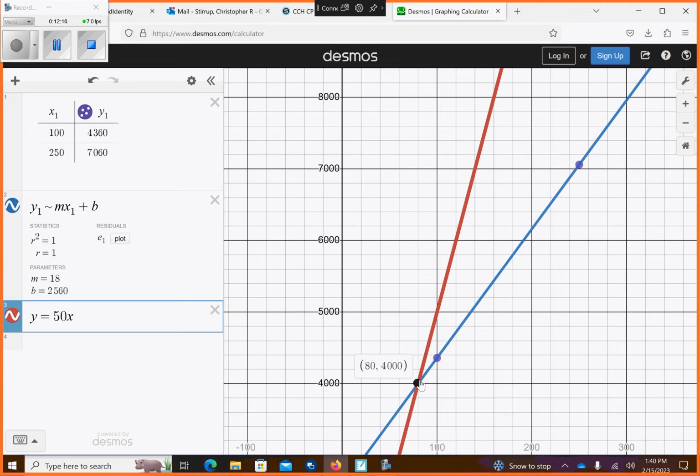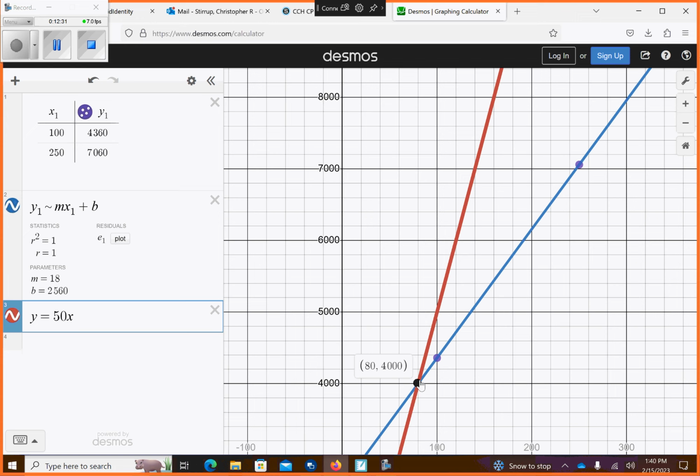All right, I am on the next page. It says if the supply function for a commodity is P equals Q squared plus 100, and the demand function is P equals negative 20 Q plus 2,500, find the market equilibrium.